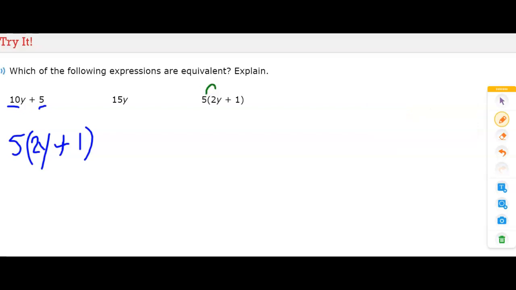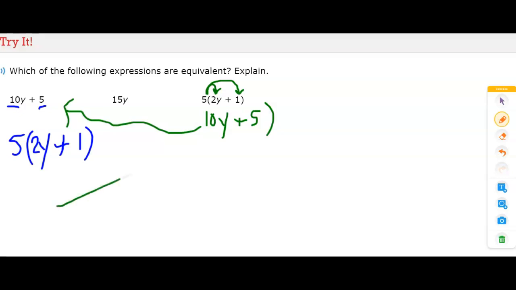You could rewrite this as 10y plus 5. And that gave us the same thing we had here. So then we know that these two expressions are equivalent to each other, and 15 times y is not.